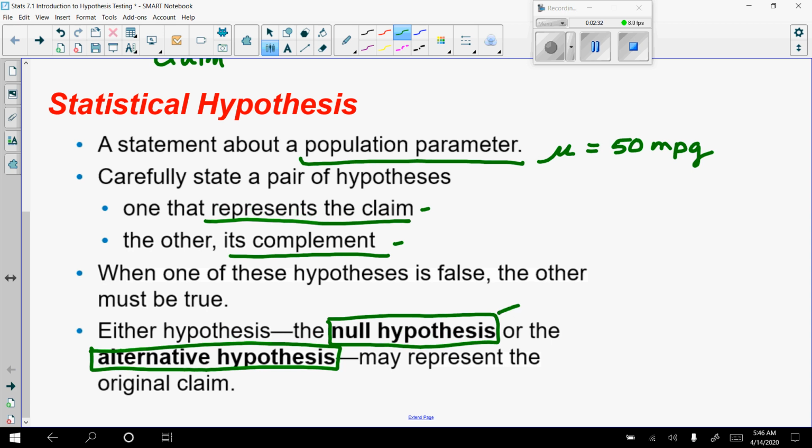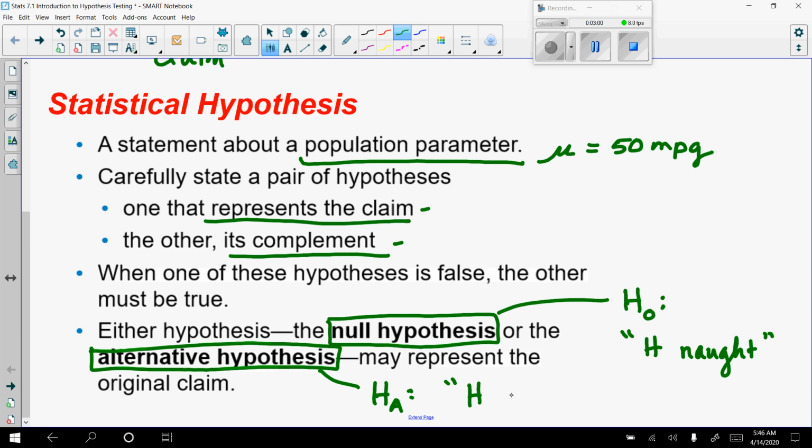The null hypothesis is written like this: H sub 0, and the way they say that is H naught. The alternate hypothesis is written as capital H with a little subscript A, and that means H alternative.